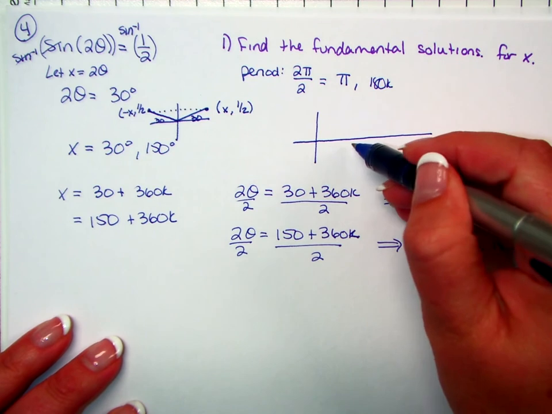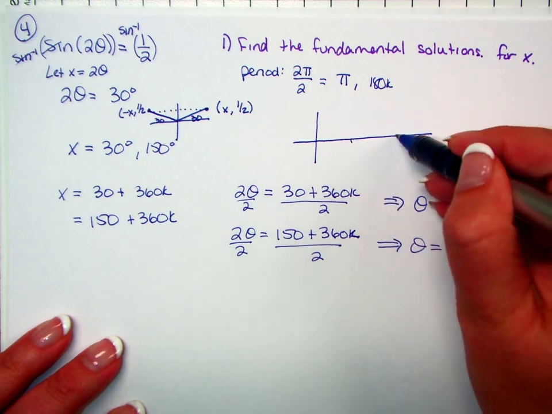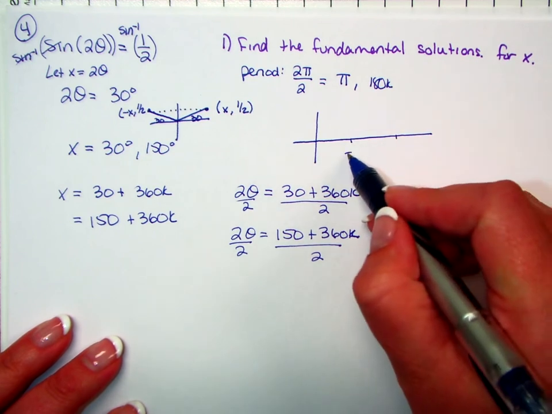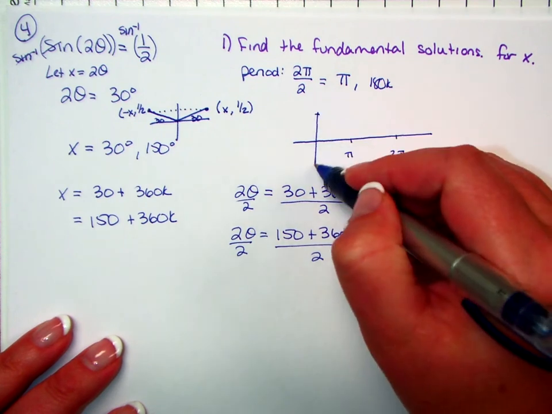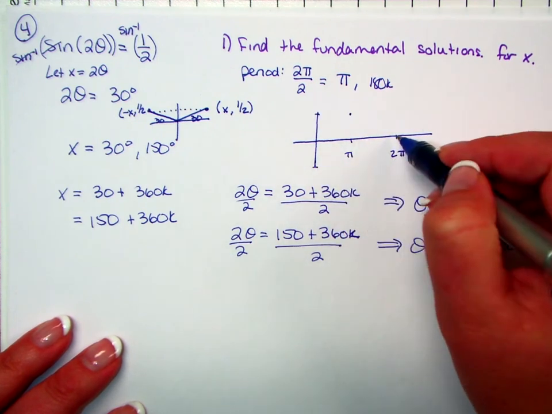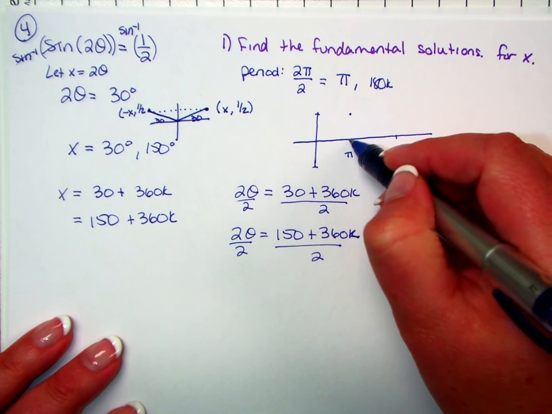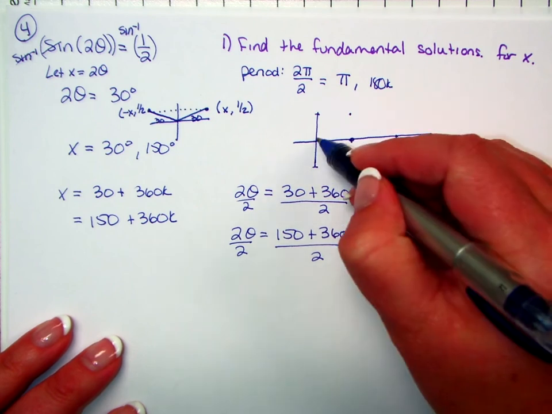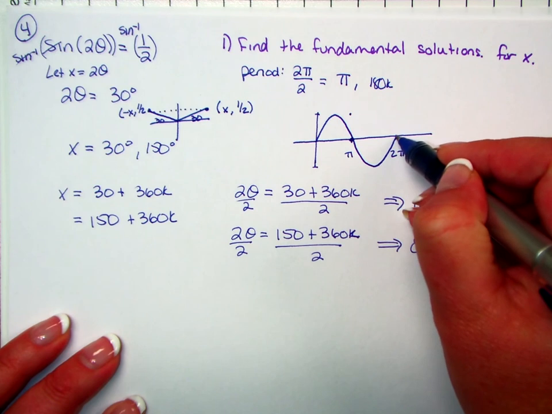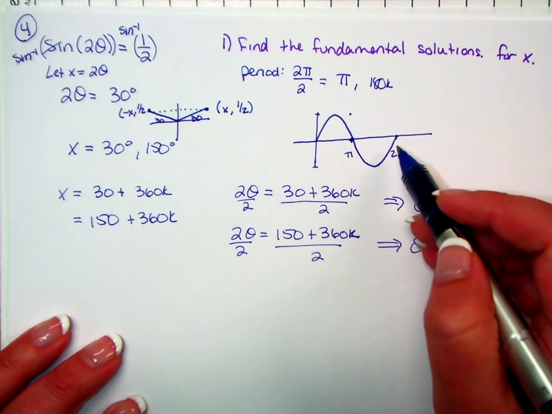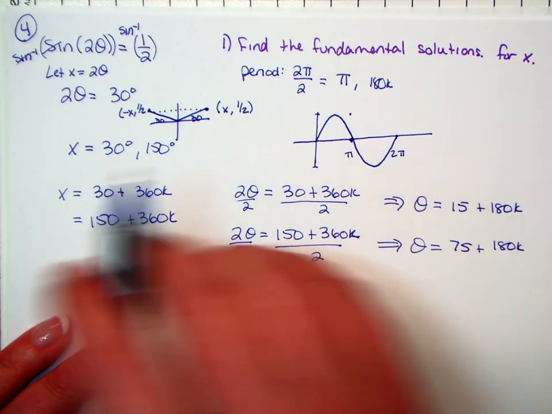Normally, sine is 2 pi periodic, right? So we're going to get a sine curve. Here. That goes up, comes down, like this, right? This is our normal sine x.